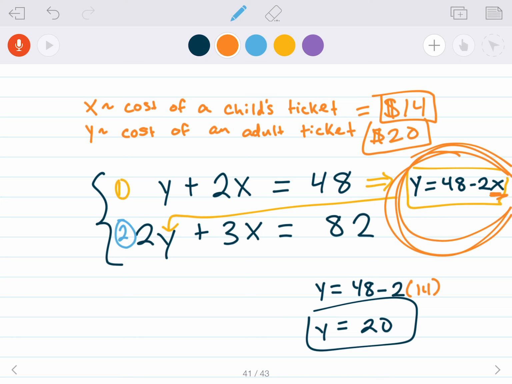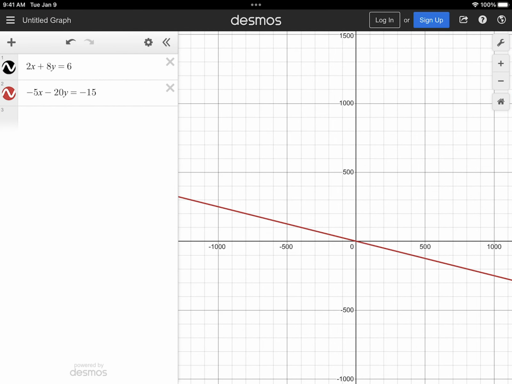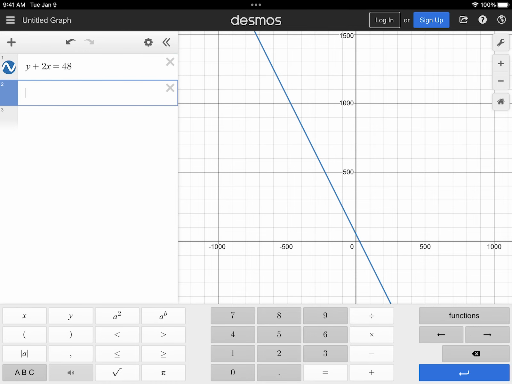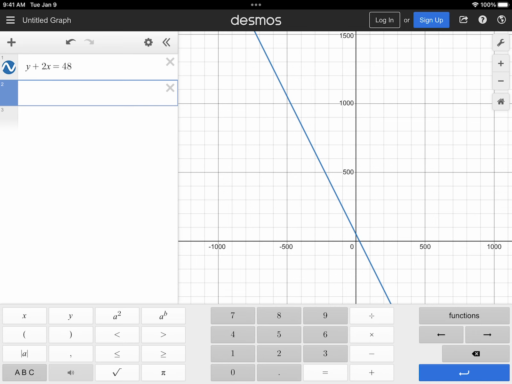You could have used elimination, you could have used Desmos. I'm going to show you the Desmos way, which I think you guys will agree is the easiest way to do these word problems. We just plug each of these into Desmos. So y plus 2x equals 48. Let's do that one first. And then our other equation is 2y plus 3x equals 82.